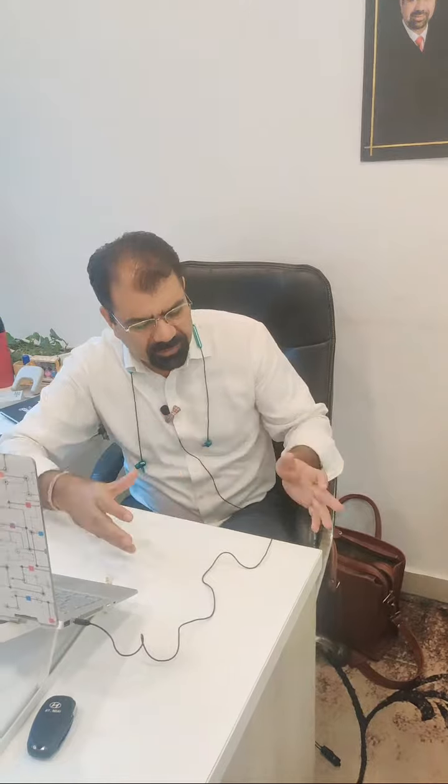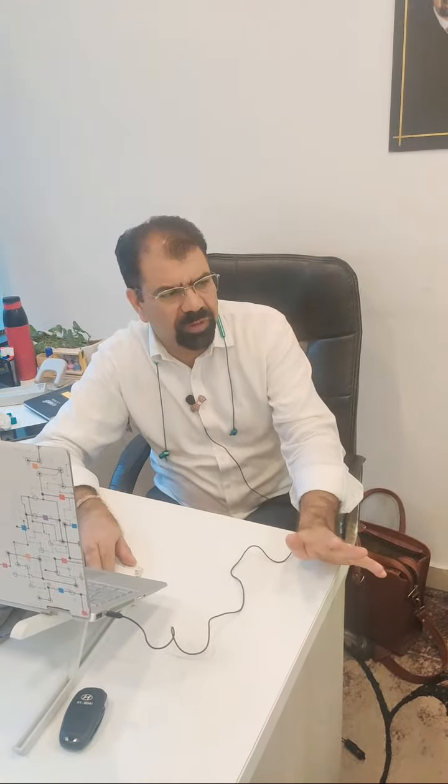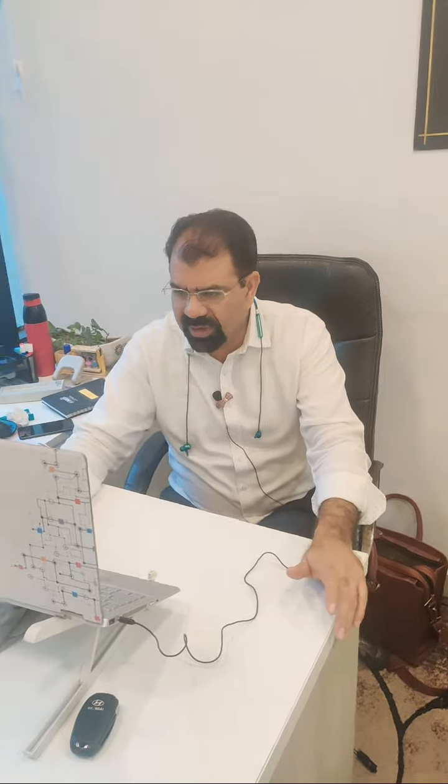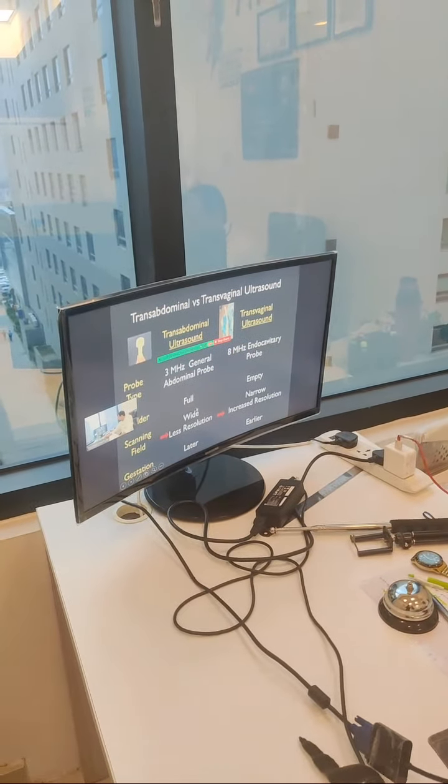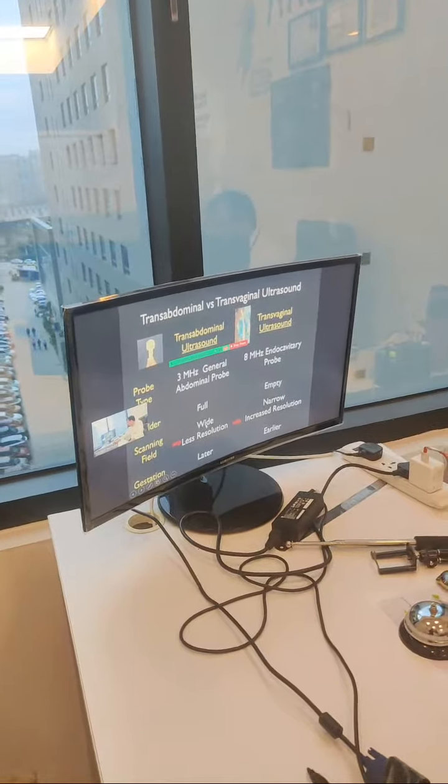Now when we are taking these follicular studies or the infertility scan, we first choose a probe. Which probe to choose is also important. The transabdominal ultrasound has a lesser resolution, but the scanning field is wide.